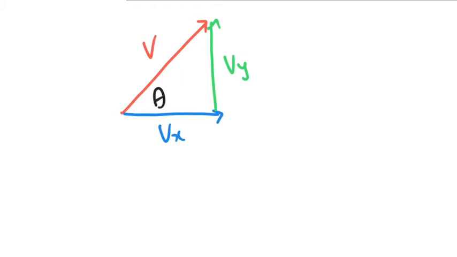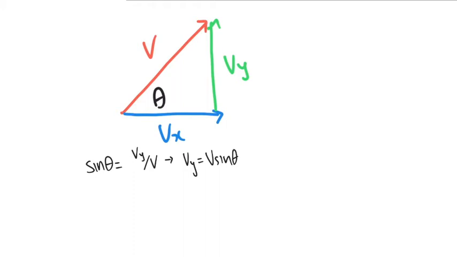This lets us express Vx and Vy in terms of our actual launch velocity V and the launch angle theta. The way this works is pretty simple. If we take the sine ratio of this angle theta, we get Vy on V, which implies that Vy is equal to V sine theta.